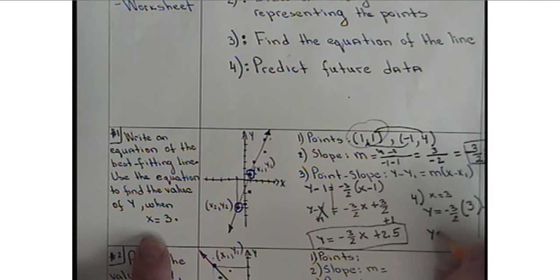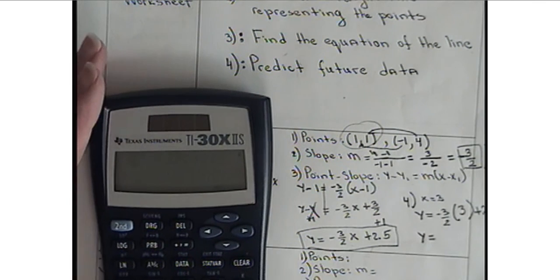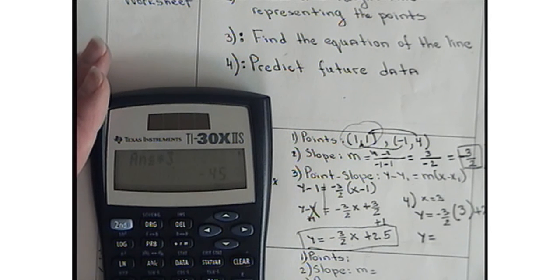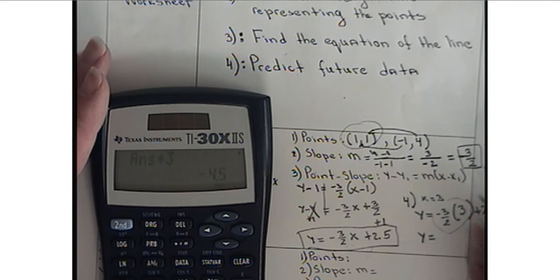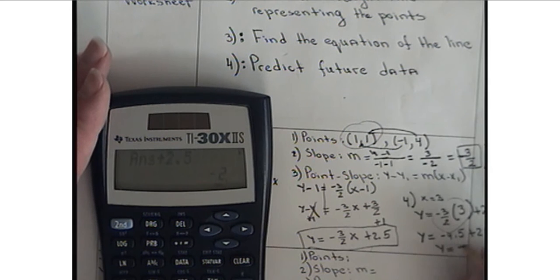Let's go ahead and calculate that. We have negative 3 divided by 2, which equals negative 1.5, times 3 is negative 4.5, plus 2.5. So when we add negative 4.5 plus 2.5, we get y is negative 2.